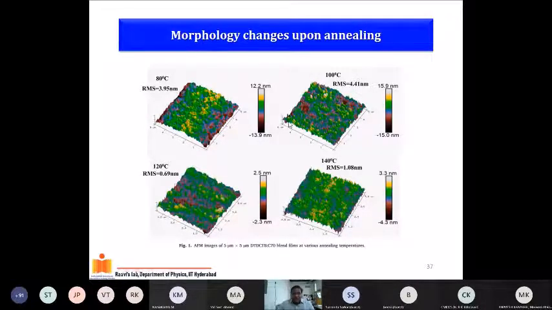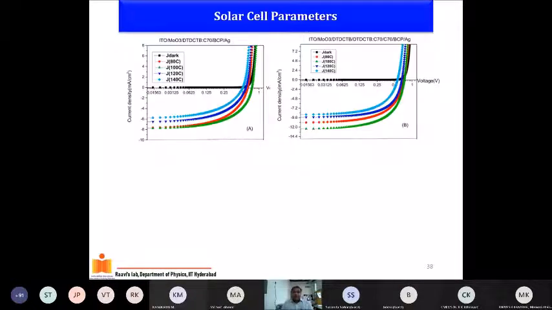The variation of valleys and peaks of the surface morphology is best optimized for 100 degrees, and from this annealing we expect that 100 degrees centigrade should give you a better device.